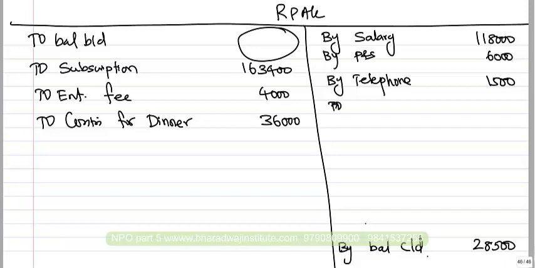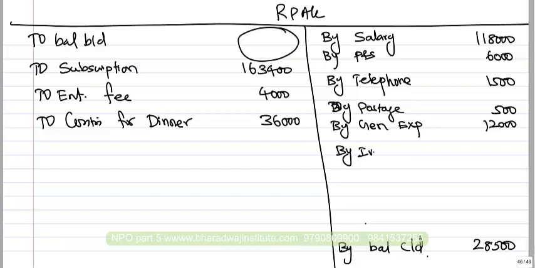Then postage how much? Then 12,000. Interest and bank charges 5,500.